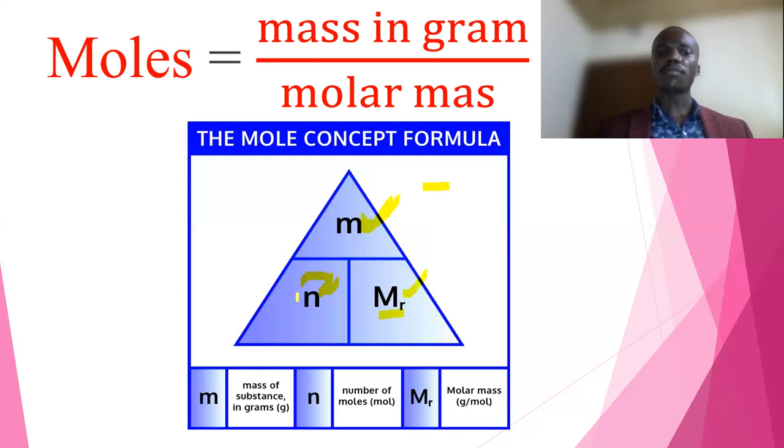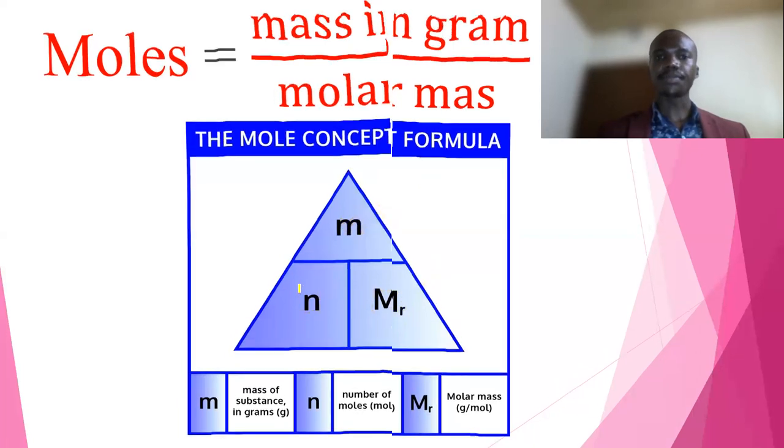Then the number of moles can be gotten by the mass of a substance over its molar mass. And the molar mass can also be gotten by the mass of the substance over its number of moles. So it is just a matter of making the required quantity the subject of the formula so that you will be able to calculate whichever you are required to calculate. So let's see these examples.